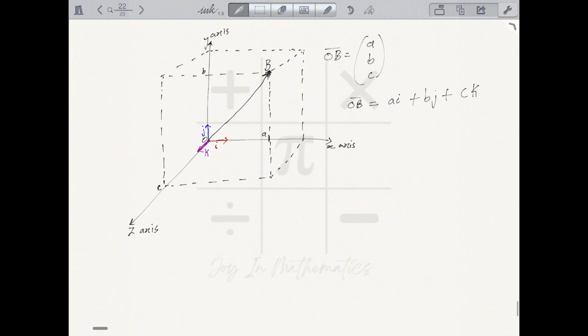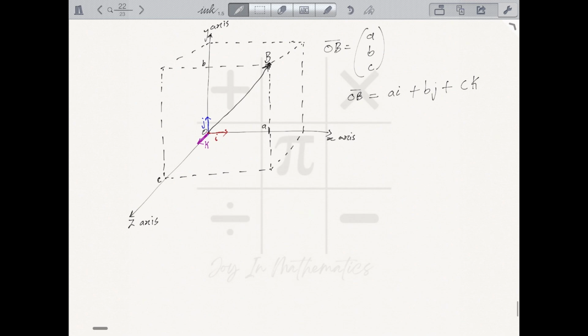Now, we are familiar with this: if r is equal to the column vector (x, y), we know that r can be written as xi plus yj. Similarly, if r is equal to (x, y, z), then r is equal to xi plus yj plus zk.